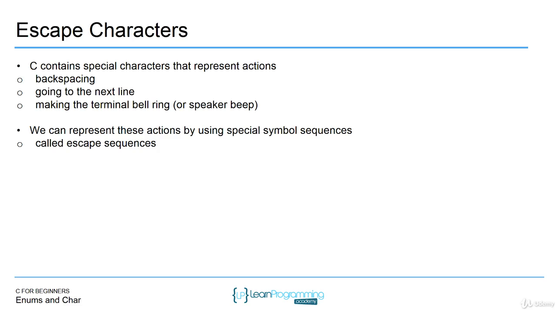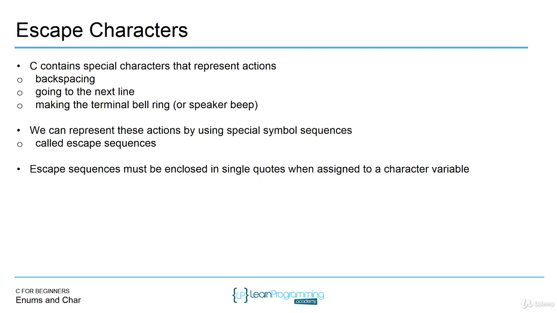And you can represent these actions by using basically an awkward symbol, like a character inside single quotes. And I'm going to give you some examples. These are also called escape sequences. These are special characters that represent actions. So escape sequences are also enclosed in single quotes when they're assigned to a character variable.